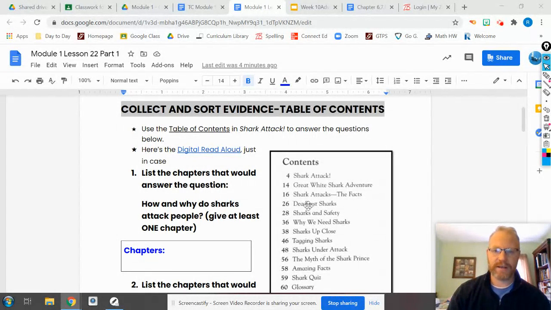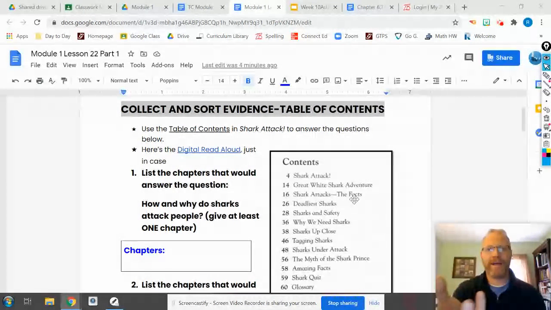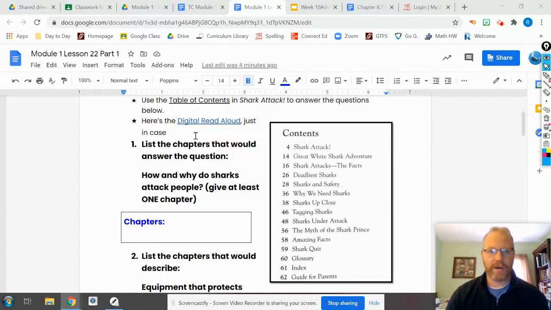The contents of chapter 3 is Shark Attacks, the Facts. So you can start to see how the table of contents tells you what each chapter has in it, the contents of that chapter. So the table of contents tells you all the things that are in the book and where to find them. So use the table of contents here in Shark Attack to answer the questions below.